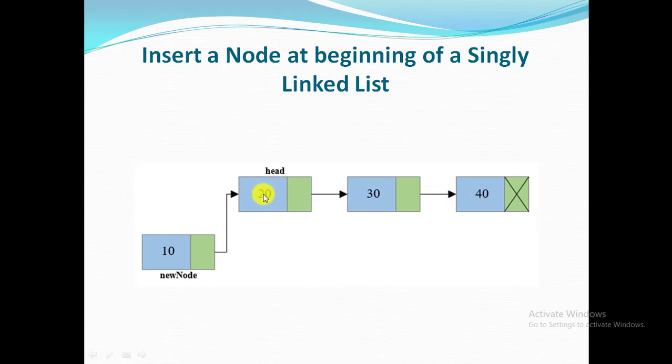And here in the first node head is pointing, but whenever we are inserting a new node, this is the new node, and whenever we are inserting a new node at the beginning, at that time what we have to do here: the pointer which is pointing to the first node or first element of the singly linked list, head, we are transferring the pointer head to the first node, that is the new node, and the link of the new node will be assigned to the head, that is the singly linked list.